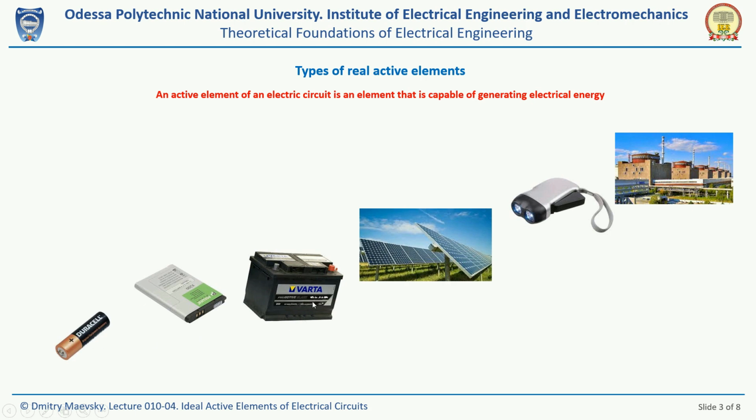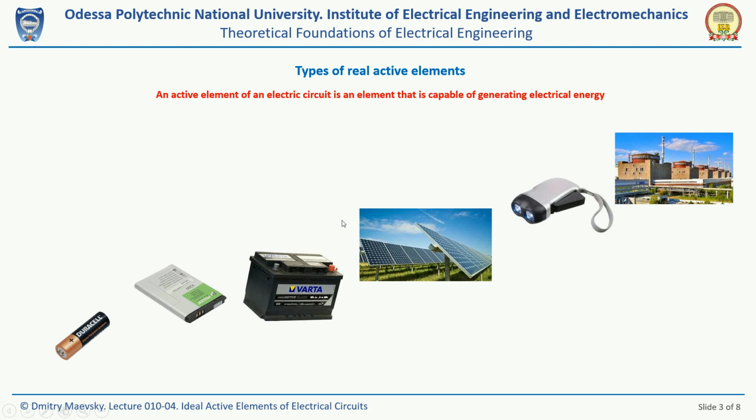But the accumulators can be charged. In the process of charging the accumulator, electrical energy is transformed into chemical energy, and then, during operation, it can be converted back into electrical energy.